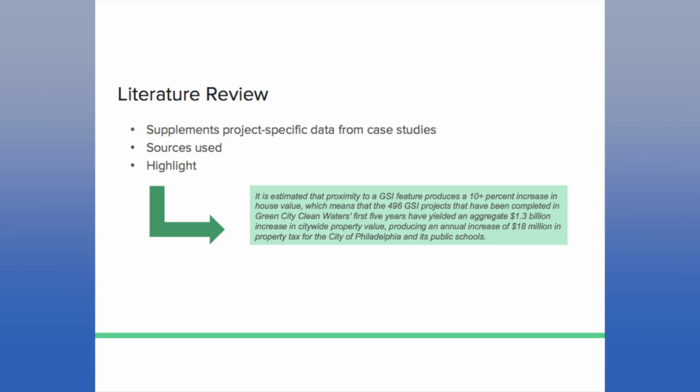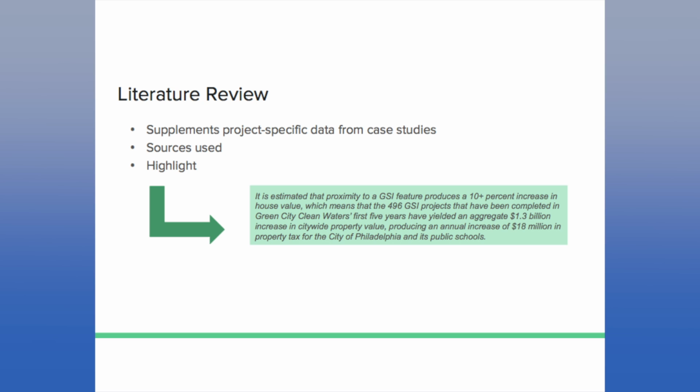I went through most of this already, but I just wanted to take one highlight out of there that was in our economic section, which showed that with the 496 GSI projects that have been completed in Philadelphia under Green City Clean Waters in its first 5 years, those projects, if they were in proximity to a house, increased home values by 10%.